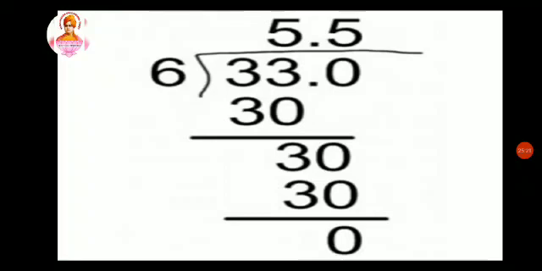For example, 6 5s are 30, so I write 30 here, and when you do the subtraction you get 3. After that I have a decimal point, so I should write a decimal point also in my quotient. Then I bring down 0, then 6 5s are 30, 30 minus 30 is equal to 0. So my answer is 5.5. This is how we can do the division of decimal numbers.